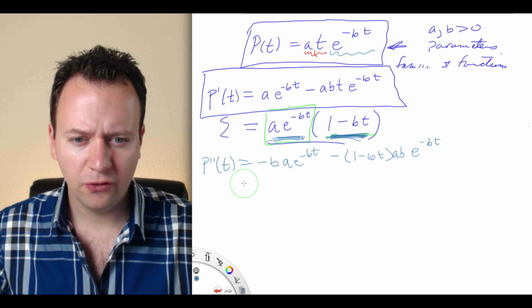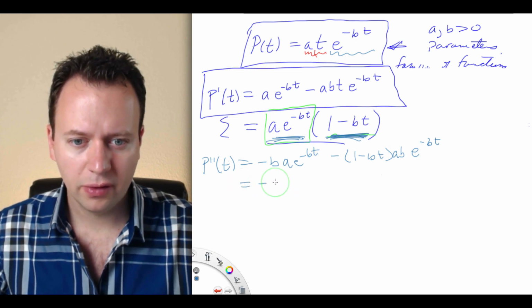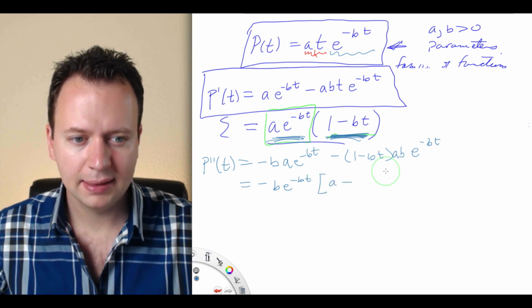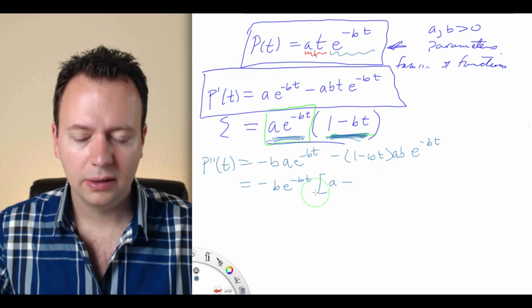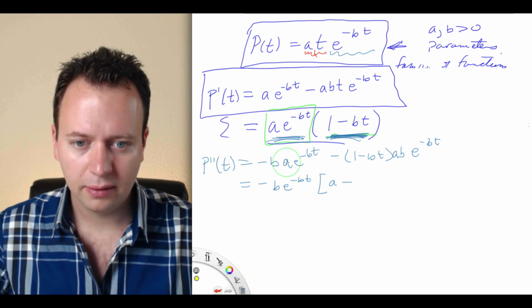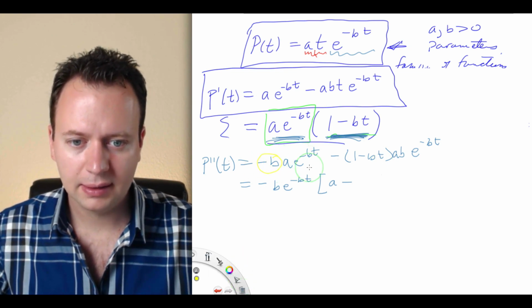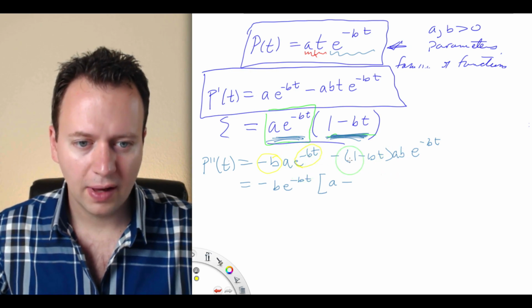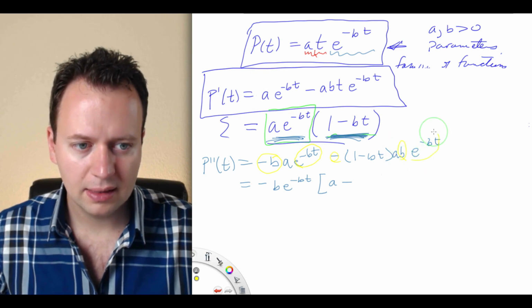Okay, so we can factor out of this a negative b e to the minus bt, and then we get a minus. Okay, so what did we factor out? I factored out this, factored out that, factored out the minus, factored out the b and the e to the minus bt.